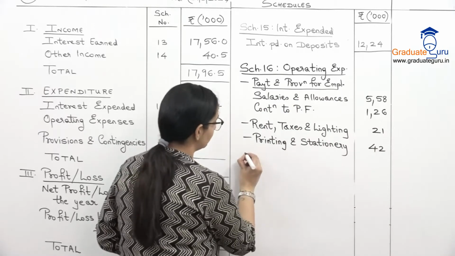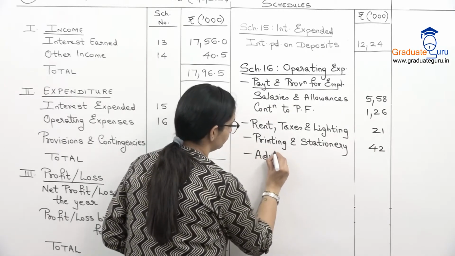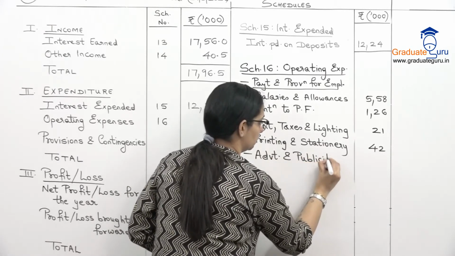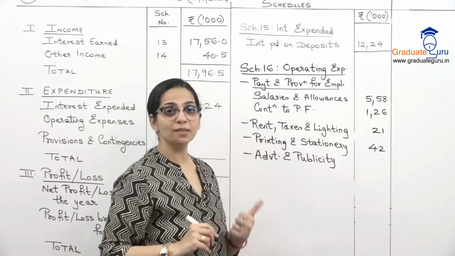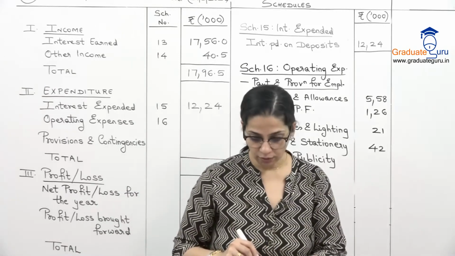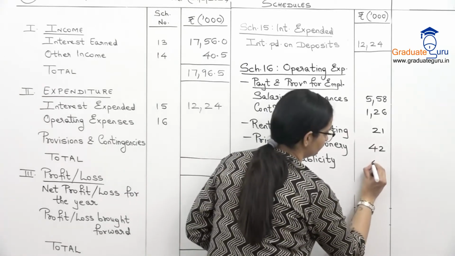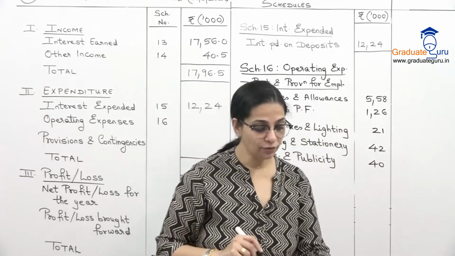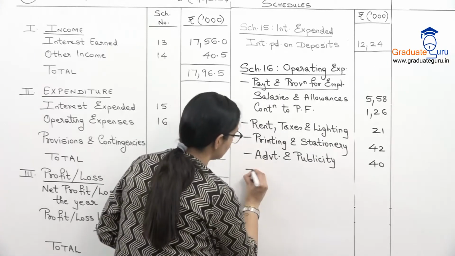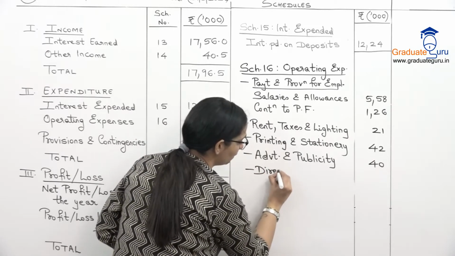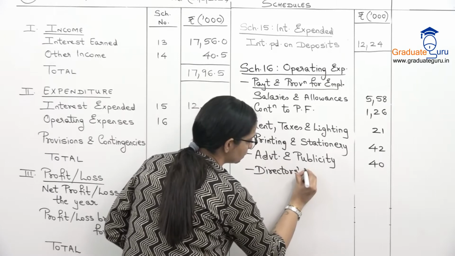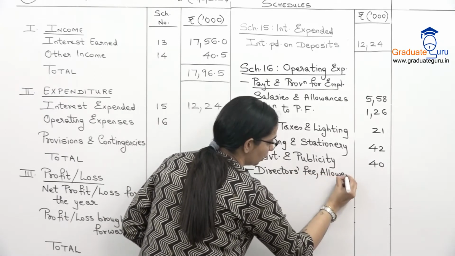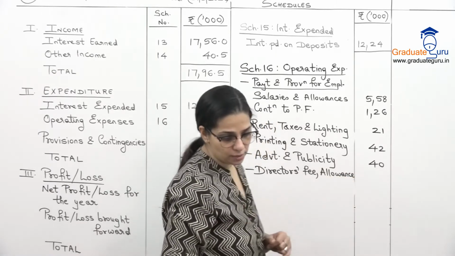Then next is advertisement and publicity. Which includes our publicity expenses, which is given as 40,000. So that will come here. Then we have directors' fees, allowances, etc. So whatever payments we are making to the directors, fee, allowance, etc. So that is given to us.